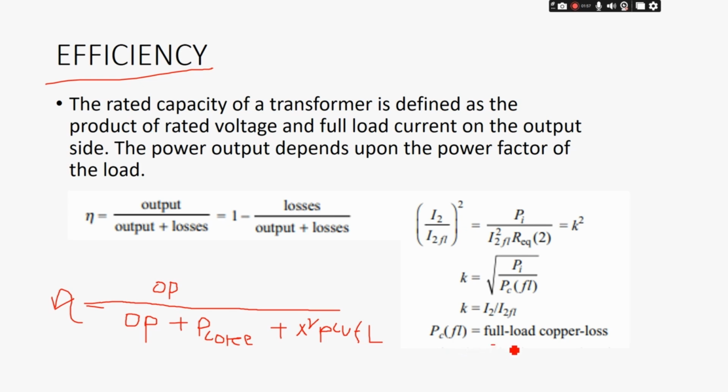PCUFL is called the full load copper loss, and at full load the current will have some particular value, say IFL.